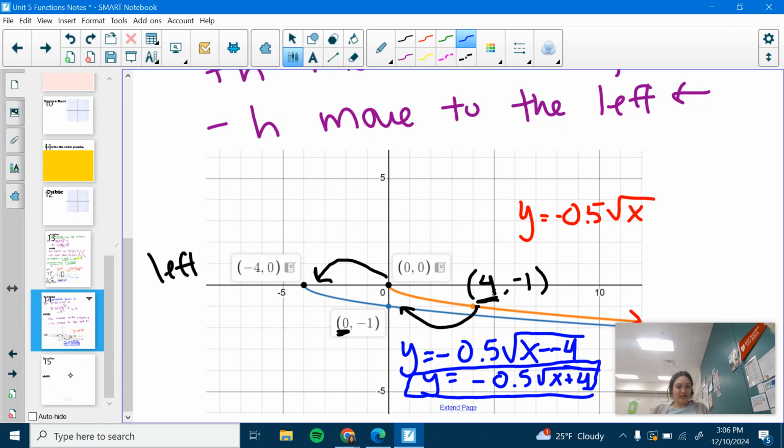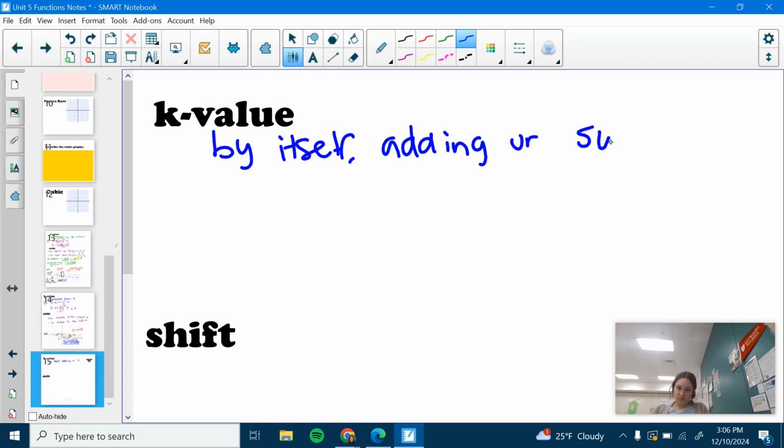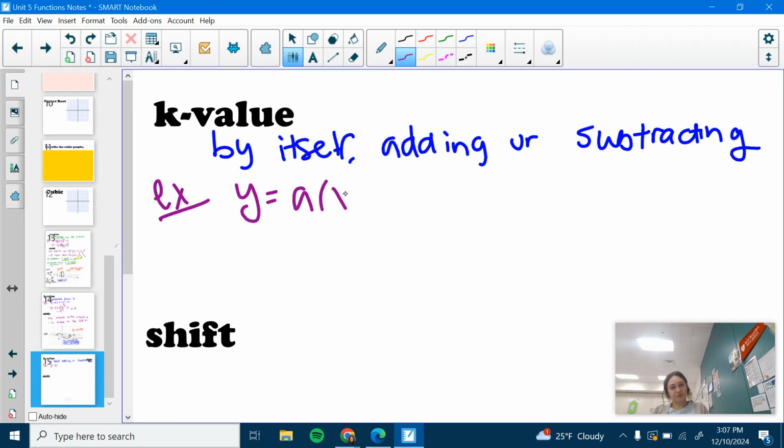The last term that we have is our k value, and our k value is always by itself, adding or subtracting. So some examples of what I have are, let's go back to our quadratic, x minus h squared plus k.